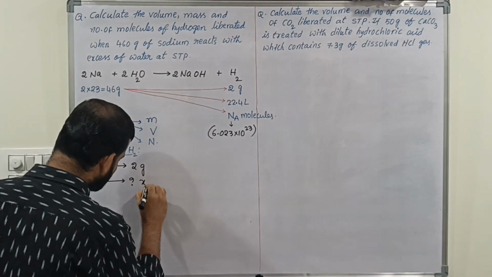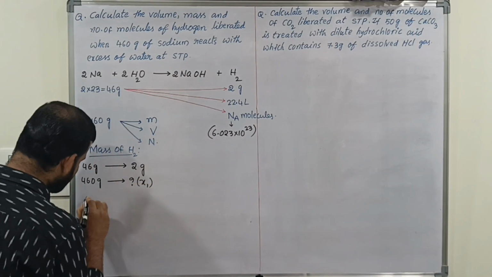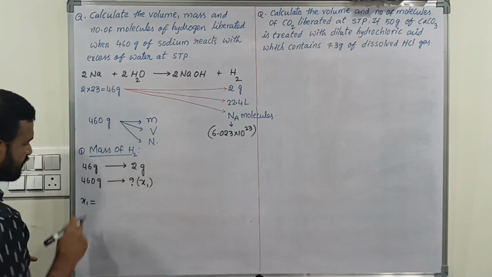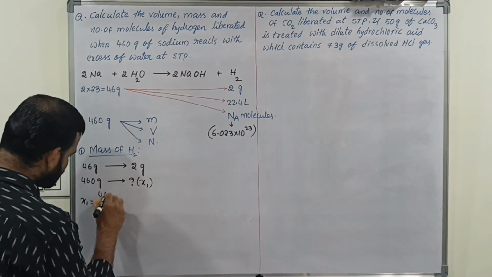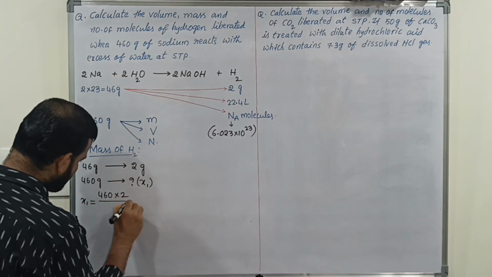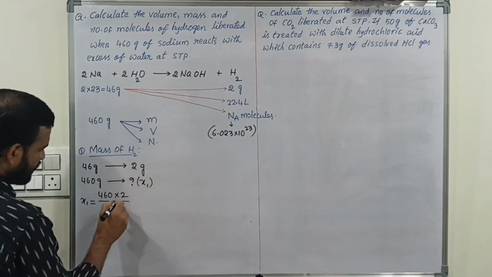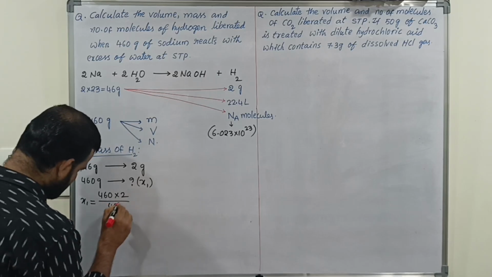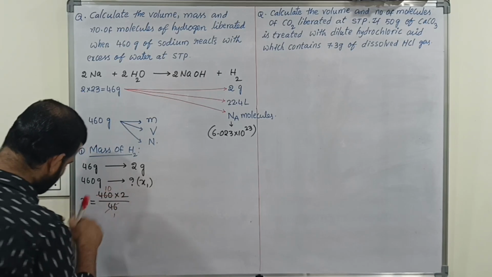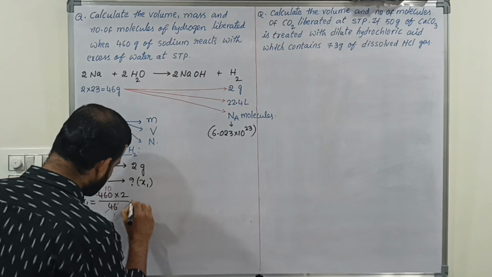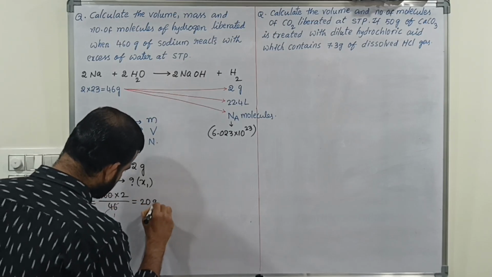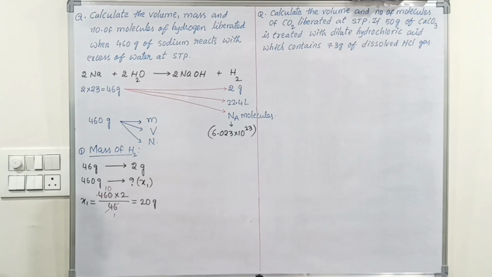Let this be x1. So x1 is equal to cross multiplication, 460 into 2 divided by 46. 46 ones are 46, tens are. So we got 20 grams of hydrogen gas.